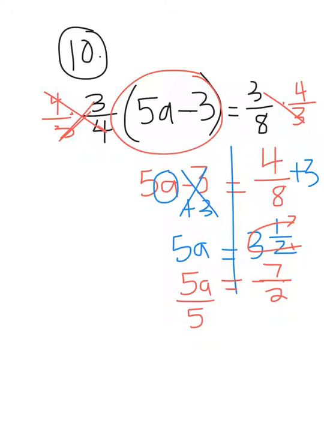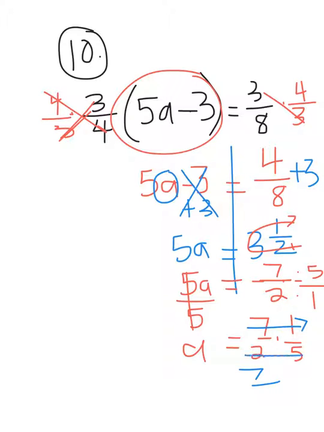Divide by 5. Divide by 5/1, which would be the same as 7/2 times 1/5, multiplying by the reciprocal. That leaves me with a, and if I multiply this across, that gets me 7/10 a. Now this one was a tricky problem because there were a lot of steps with the fractions, and I even used the calculator to do it. But long, tricky problem, the final answer is a equals 7/10.